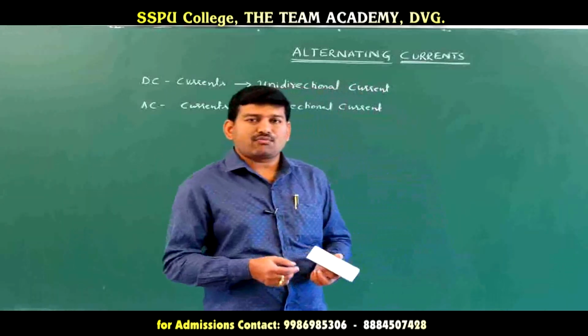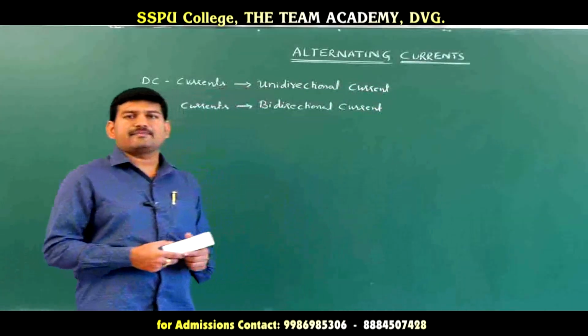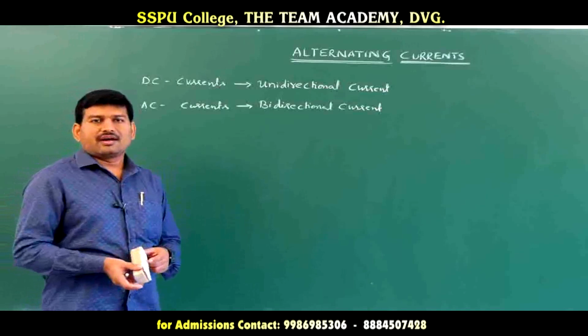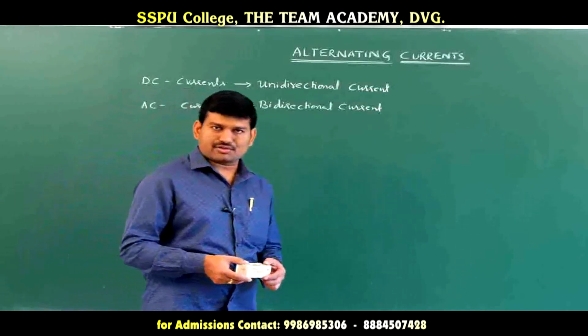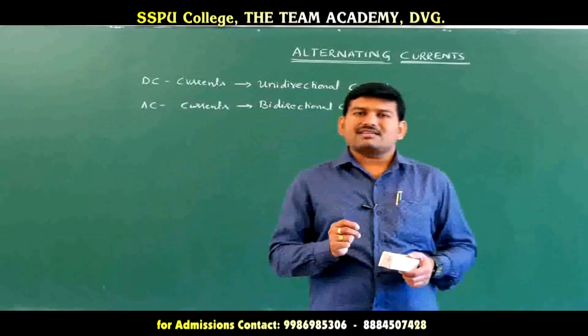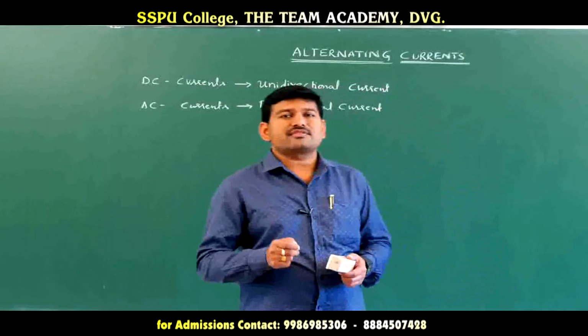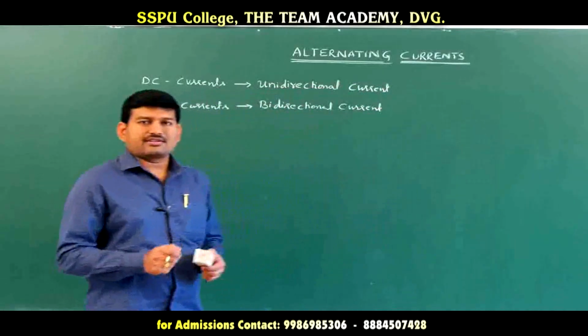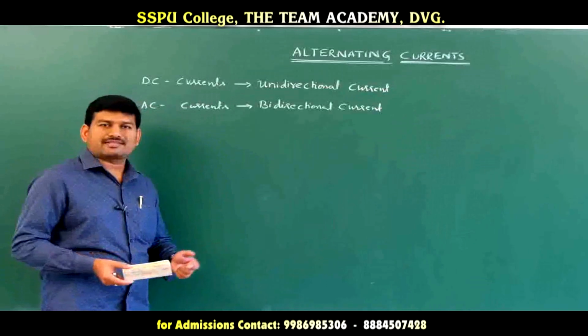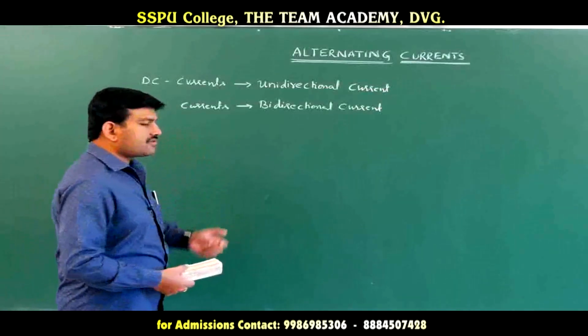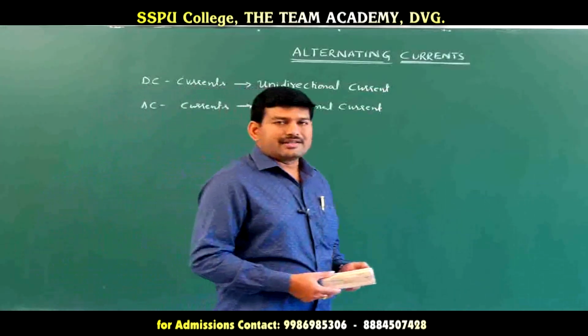One such application that we are studying in this chapter is the resonance of the LCR series circuit. This LCR series circuit at resonance can be used for the tuning of instruments like radio tuners or TV tuners. That is the advantage of AC currents over DC currents.